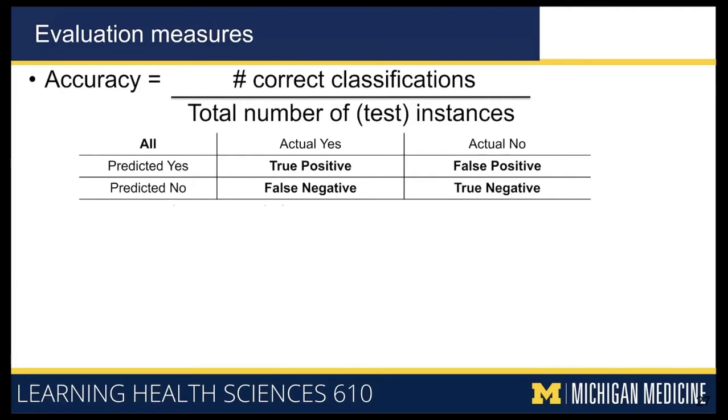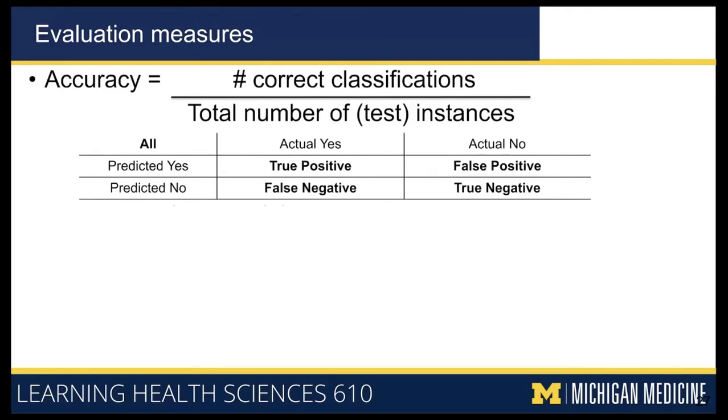So the positive comes from the predicted label, and whether it's true or not comes from whether actually it is yes or no. Okay, so the rows here indicate the predicted labels and the columns indicate the actual label, the true label. So if you create a contingency table like this for a binary class, it's a 2x2 table.